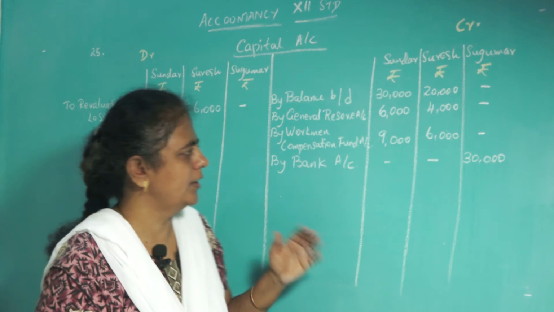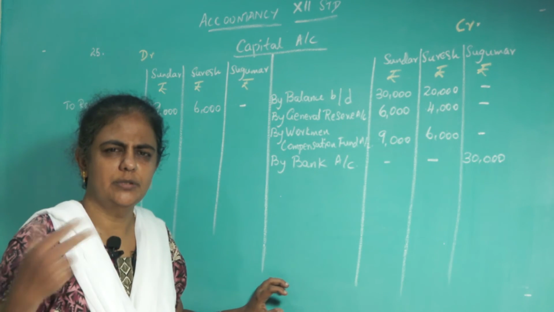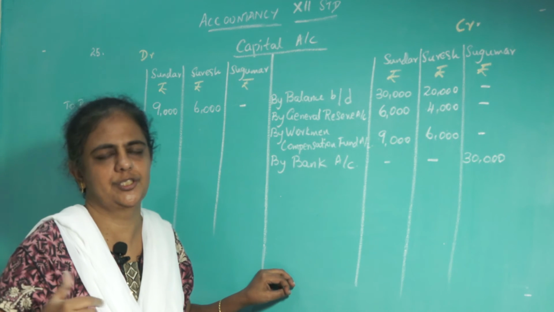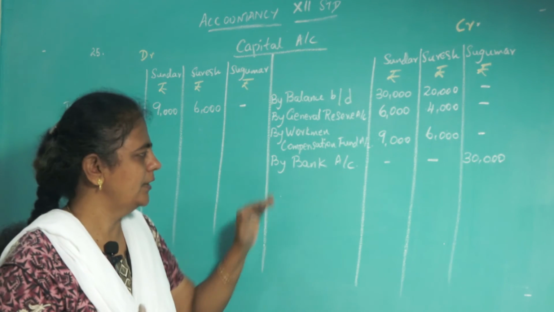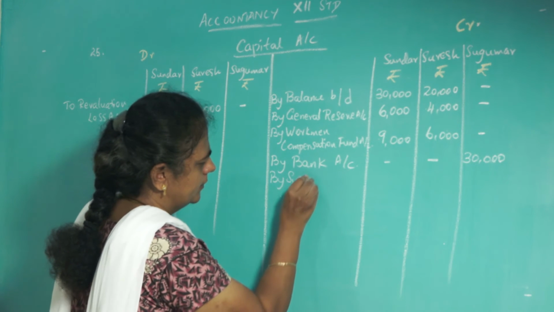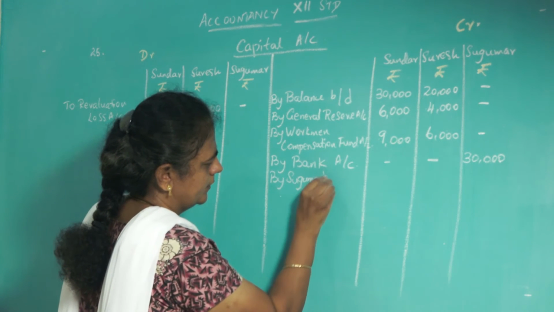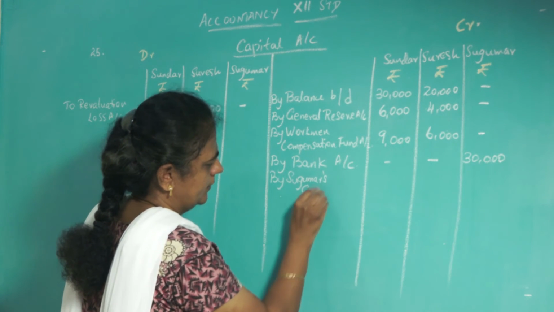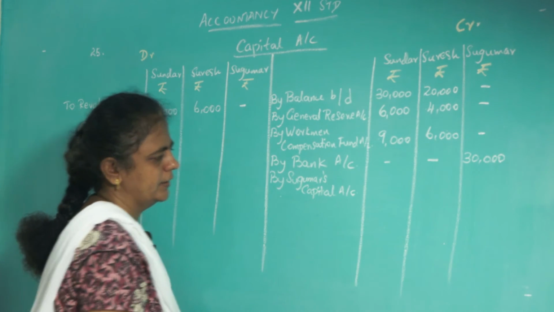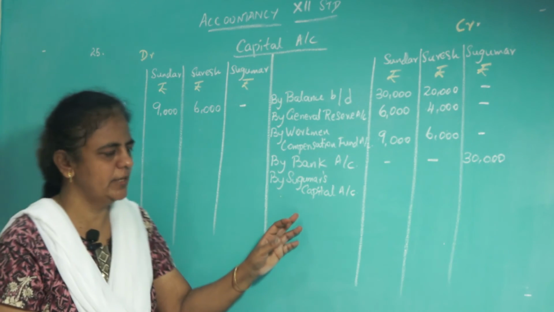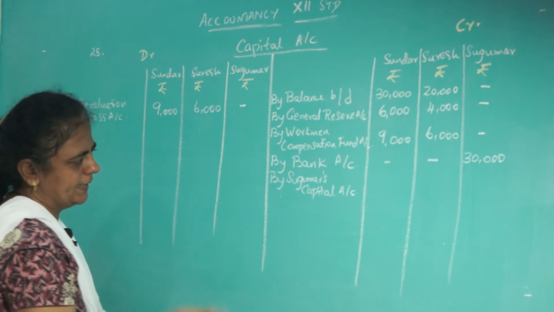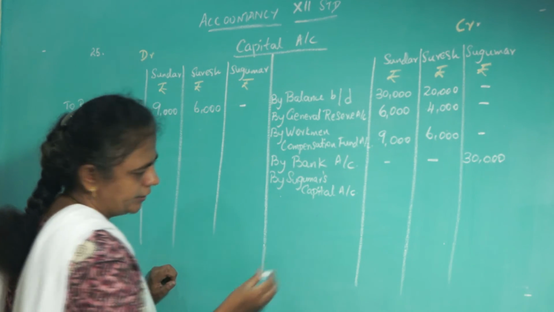So now what you have to do? The journal is Sukumar to Sundar to Suresh. So here you have to write by Sukumar's capital account, share of goodwill. His share of goodwill is 5,000. If you want to understand, I can write the journal here, no need to copy.